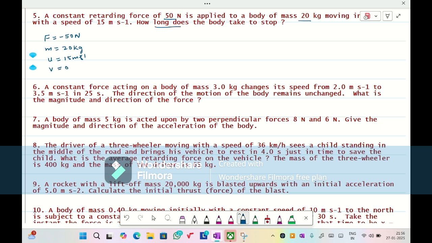How long does it take? We want to find the time. T is equal to (v minus u) by a, which is 0 minus 15 by a, where a is equal to F by m, 50 by 20. So that equals 6 seconds. So this is the answer.